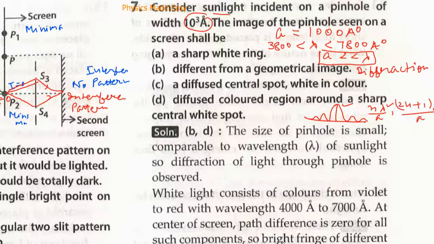The central maxima will be sharp and these regions will be diffused. Why diffuse? Because intensity will reduce and the white light will break up into seven colors. So this is the basic reason.